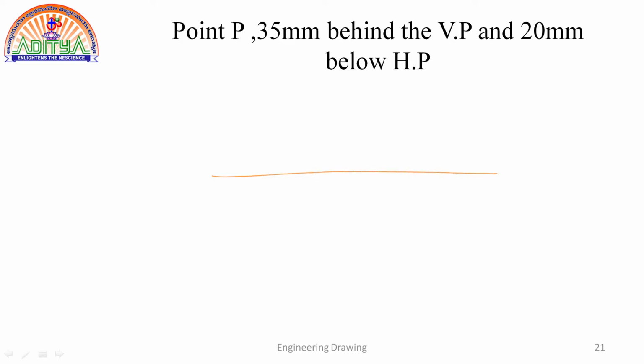Here is our final solution, that is the XY reference line, and below the reference line we are getting the front view. Here is the point with a dimension of 20 mm. No need to write any alphabets after these numericals, and as it is the front view, this P is denoted with small p dash.